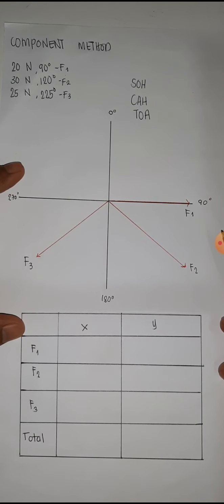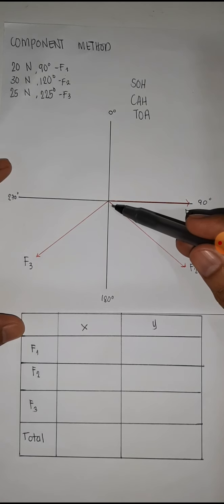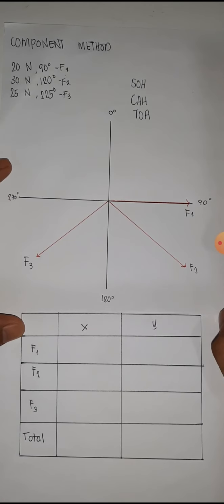Let's start with your F1. For F1, it is exactly on the x-axis. When we determine that a particular vector is exactly on the x-axis or y-axis, that means all of the components of that vector lie directly on that axis.